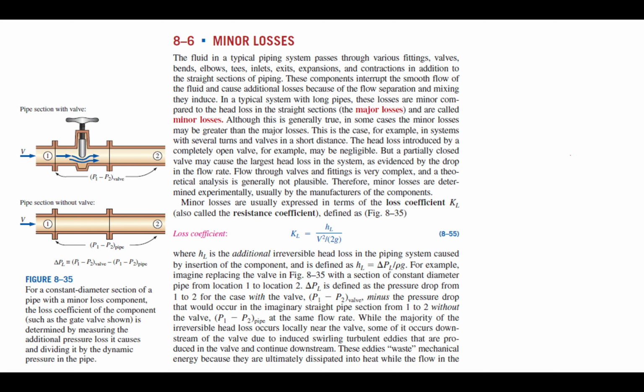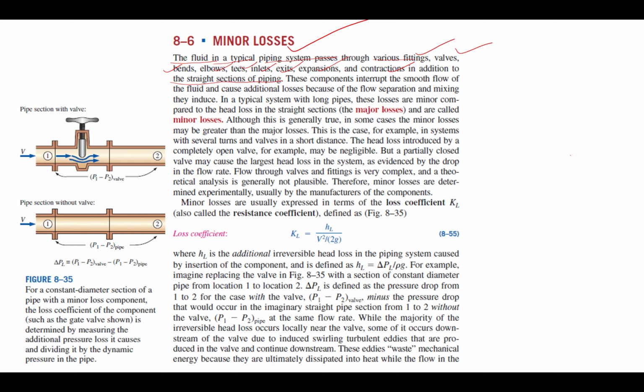Major loss is due to the friction of the pipe, or roughness of the pipe. Now minor losses. Minor losses come from the fluid in a typical piping system passing through the various fittings, valves, bends, elbows, tees, inlets, exits, expansions, contractions, in addition to the straight section of piping.